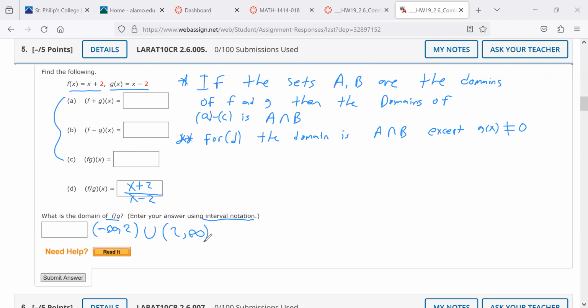Any questions? I didn't do A through C because they're just adding them together, but I want to do the hard part. Do you have any questions on the domain or part D? Does that make sense? Do you have any questions on A, B, or C?